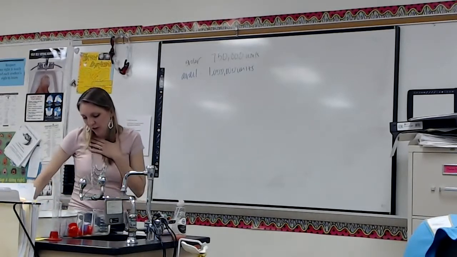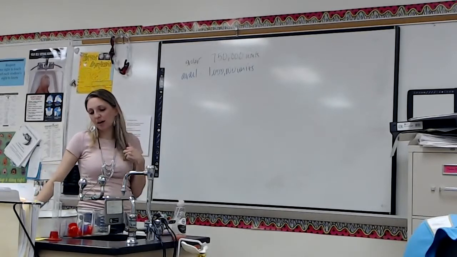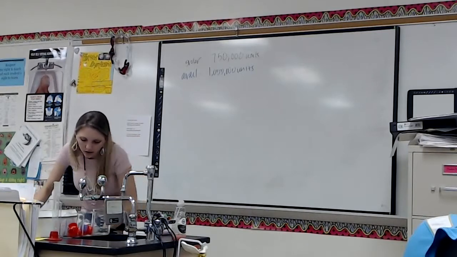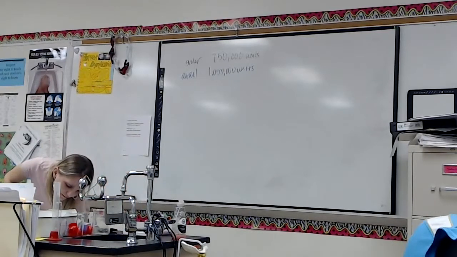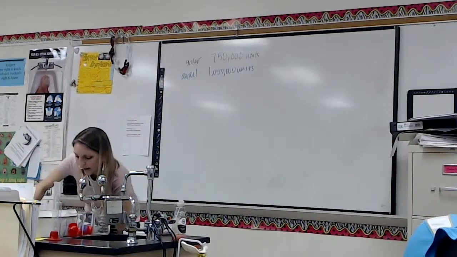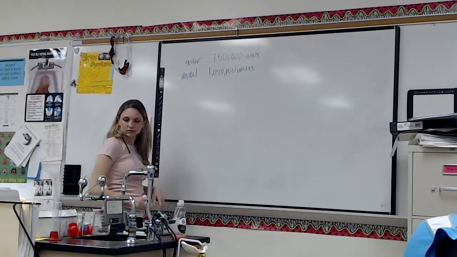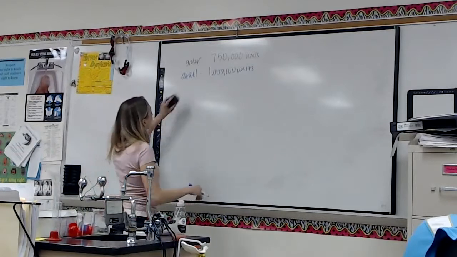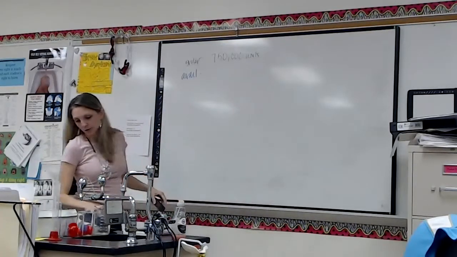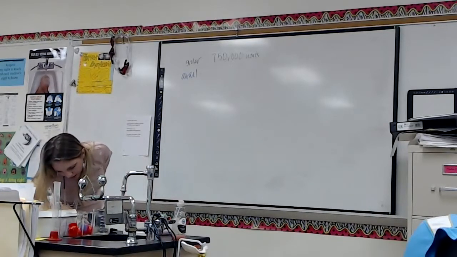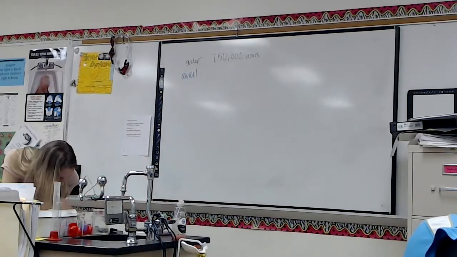Now it says, what volume of medication should be added to the IV fluid? The order is for 750,000 units. So let's put what's available. In every 500,000 units there's 1.8.